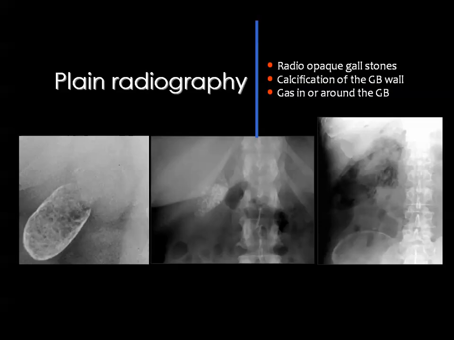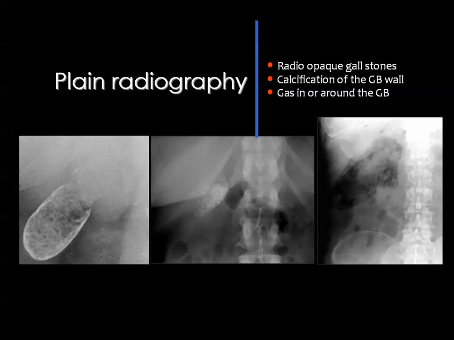The major role of plain radiography is to detect one of these three issues. Number one, radio-opaque calculi in the region of the gallbladder. We know that about 10% of the gallbladder calculi are actually radio-opaque.